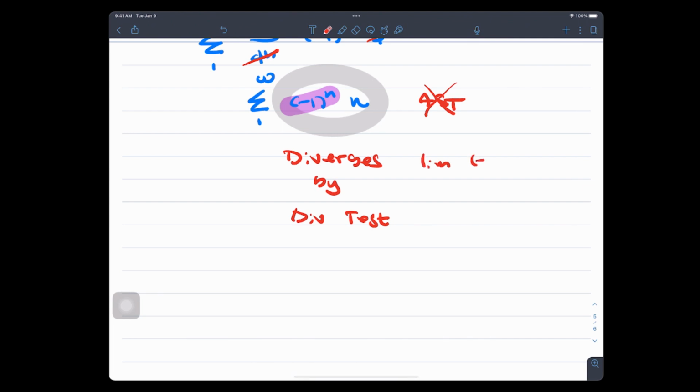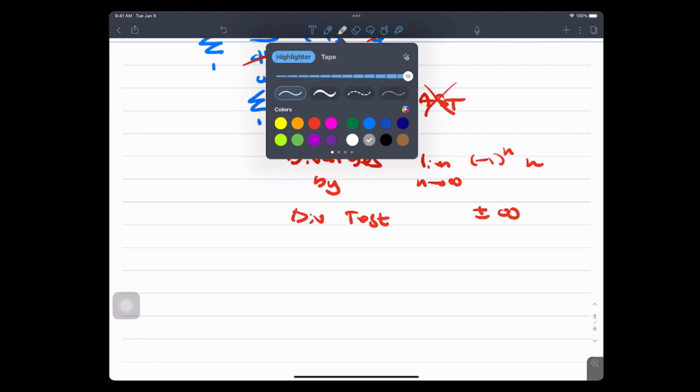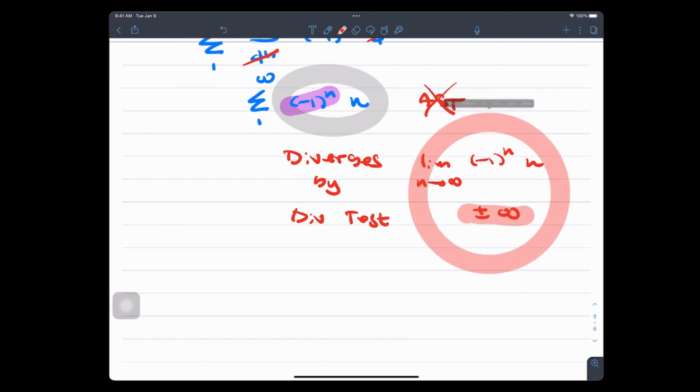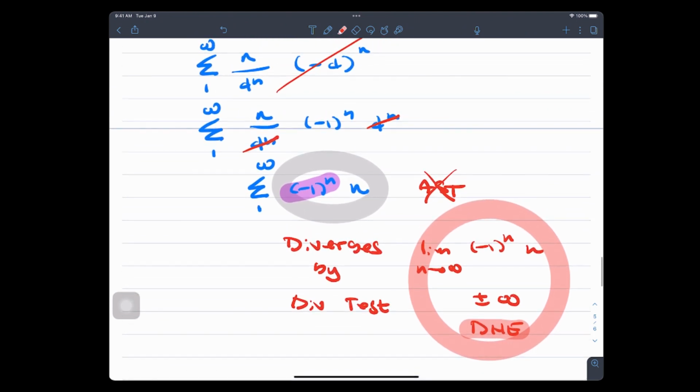The limit of -1 to the n is plus or minus infinity. Yeah, does not exist. So that limit does not exist. If the limit does not exist, it diverges by the test for divergence, or the divergence test.